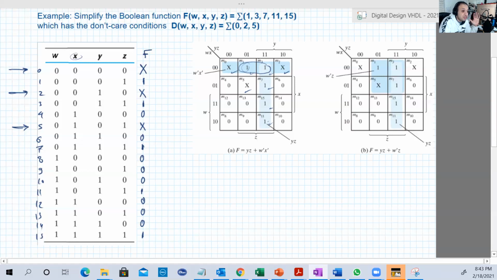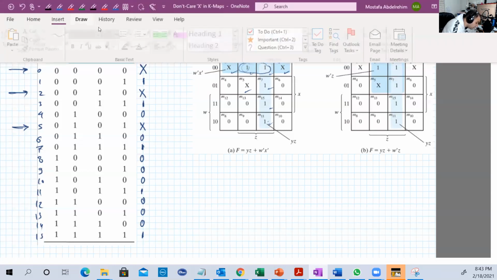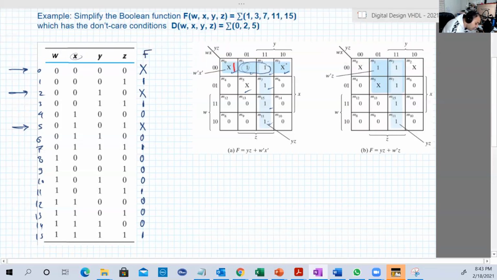But since you don't care about the value of the function at minterm 0 and minterm 2, if the function was 0 or 1, it will not affect your performance. So if we assume there is a 1 here and a 1 here, let's do it with another color, then if we take these four together, this will make the final form of the function more simplified.